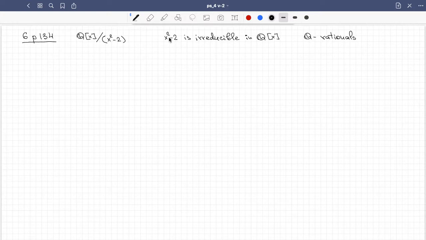It is irreducible because it is a polynomial of degree 2, and it has no roots, no rational number squared is 2, as we all know.